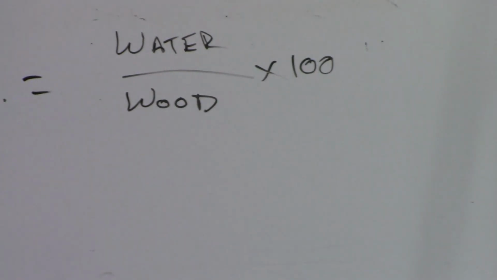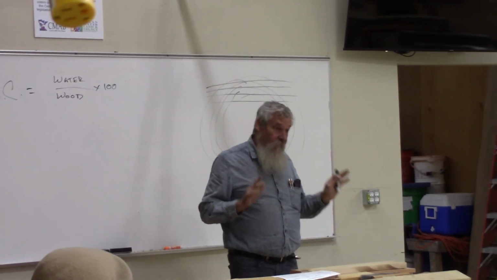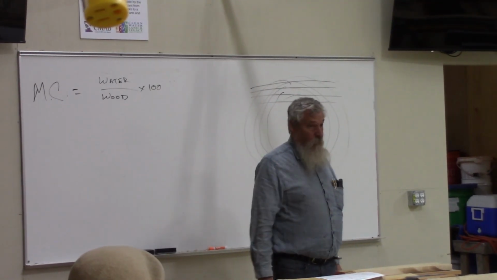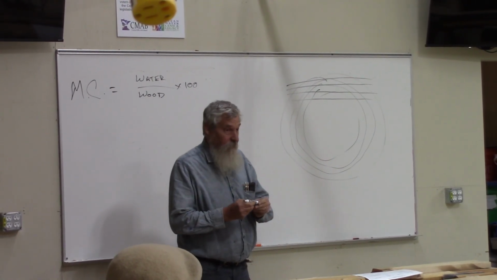No, it's really simple. I would have liked E equals MC squared. Really simple. It's just the weight of water divided by the weight of wood. And it's really pretty simple as to how you calculate it, or you get a moisture meter. What's the moisture content of wood when you cut a tree down?